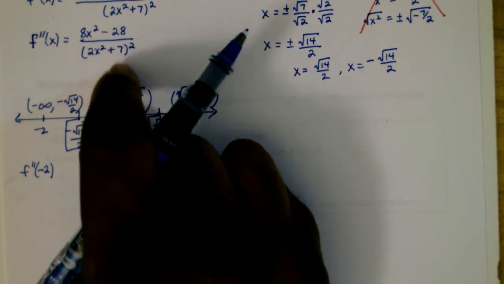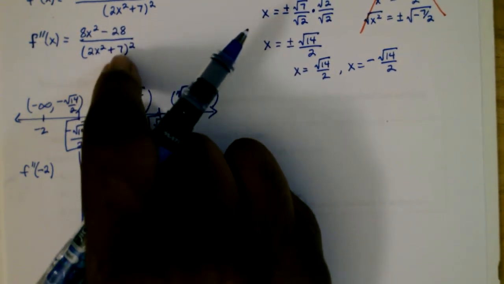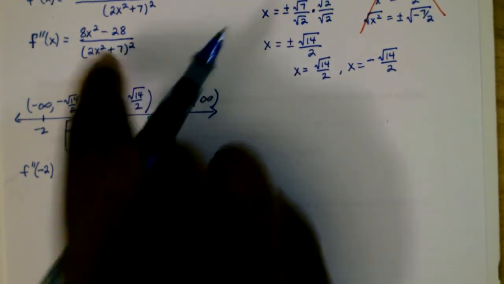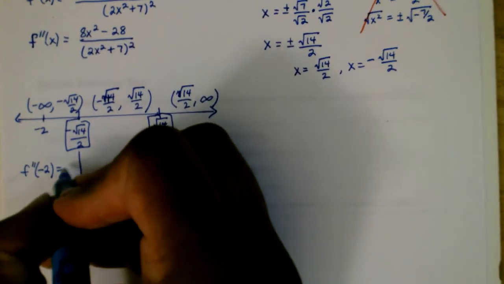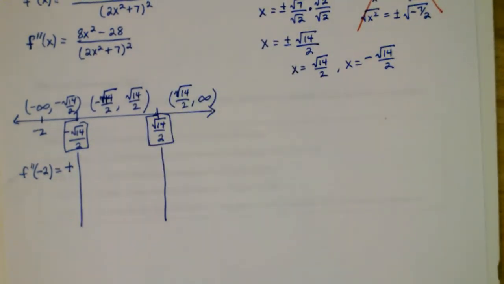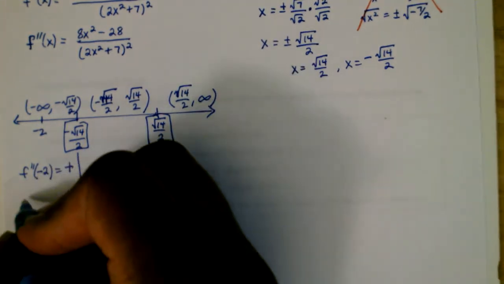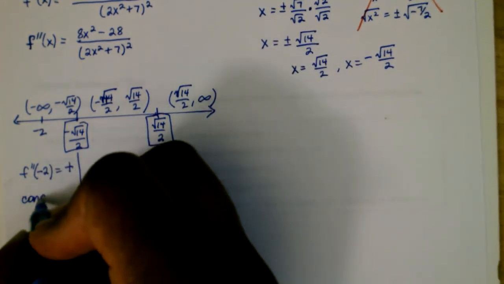That's going to be positive. This denominator is automatically going to be positive. So positive divided by a positive will give me a positive number. And that means from negative infinity to negative square root of 14 over 2, those values for f double prime of x will be positive. So that means the graph will be concave up.